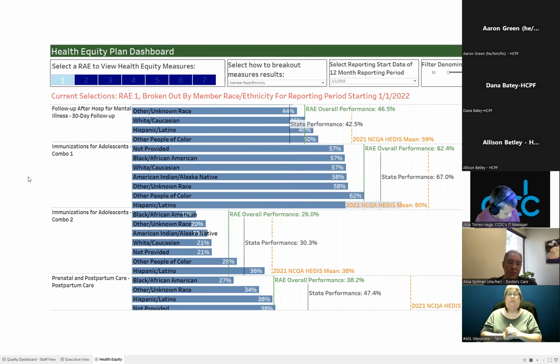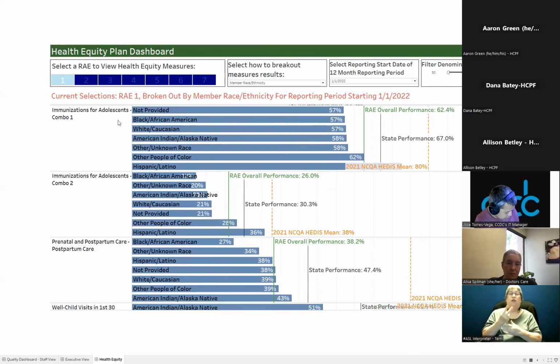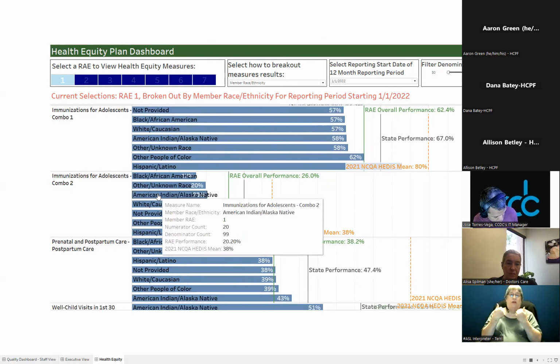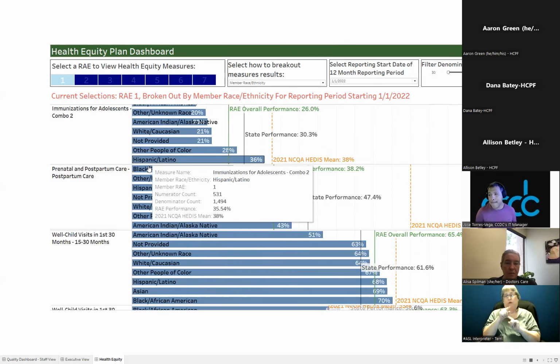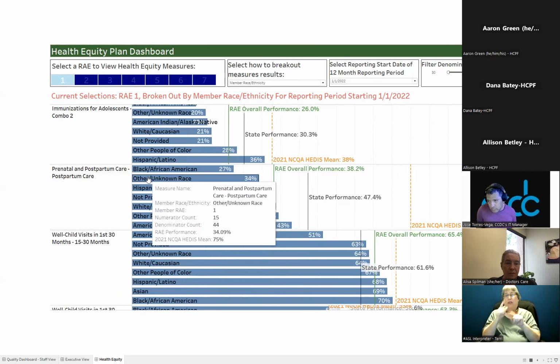And then we have our 2 combo measures for immunizations for adolescents. I did also want to point out that if you hover over the bar, you can get the specific denominator and numerator counts as well.